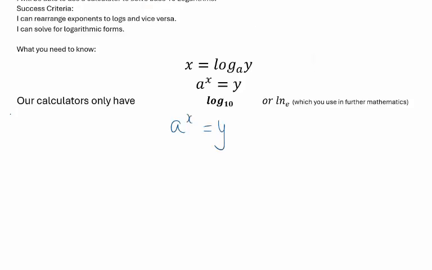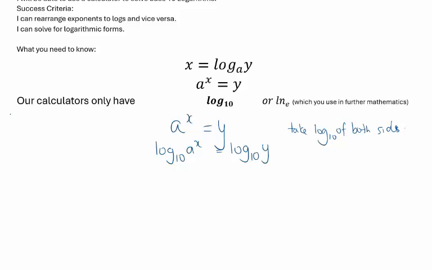Okay, so I'm going to take the log of both sides, and by that I mean base 10. So remember, whatever you do to one side, you must do the other, because that balances it. a to the power of x equals log 10 y.